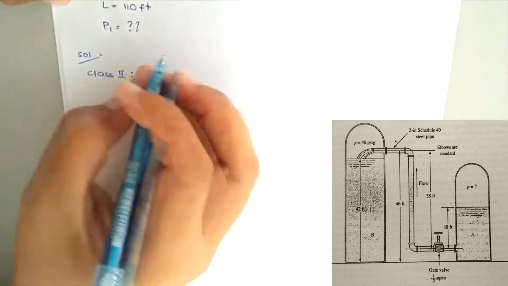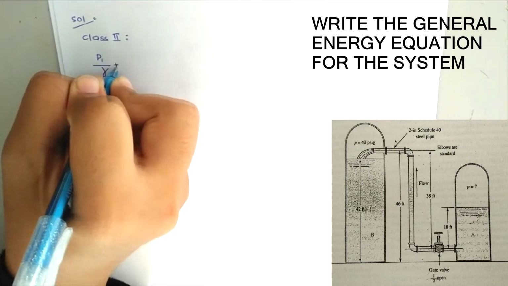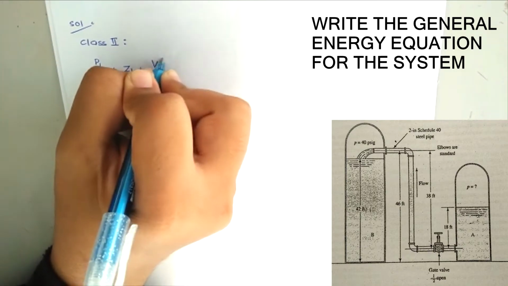First, write down the general energy equation and then rearrange it to get P1.